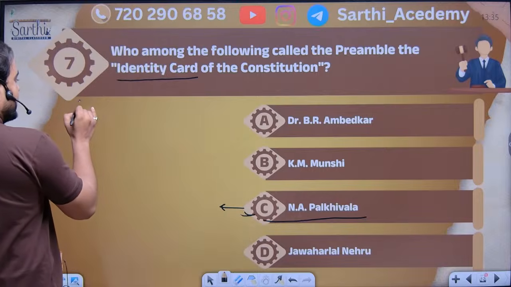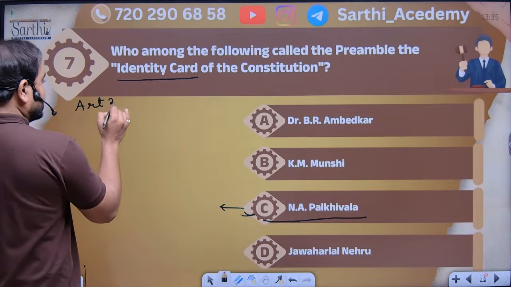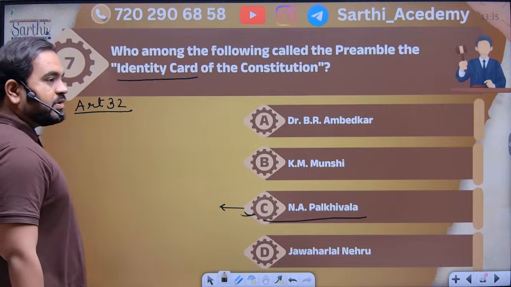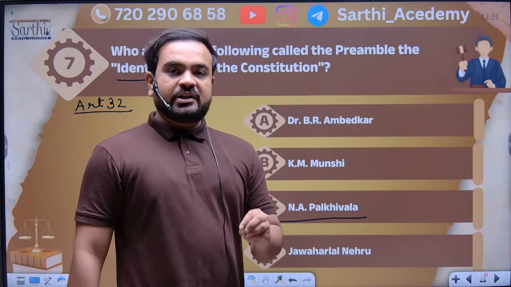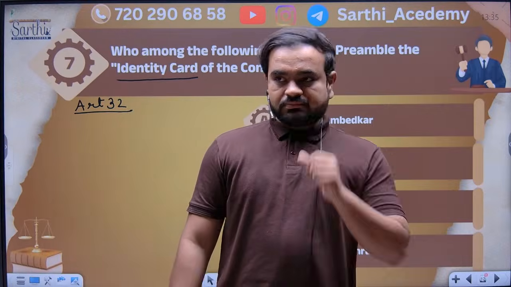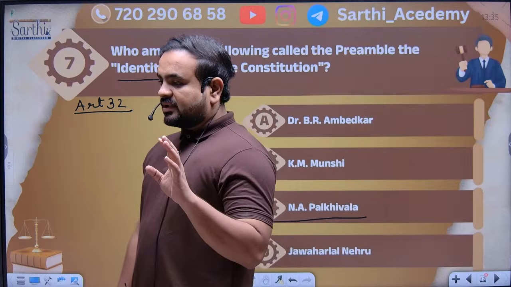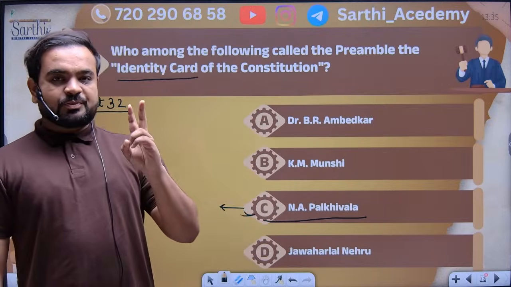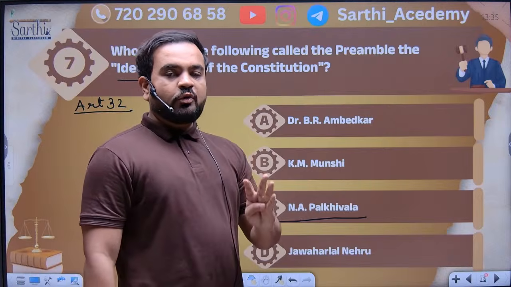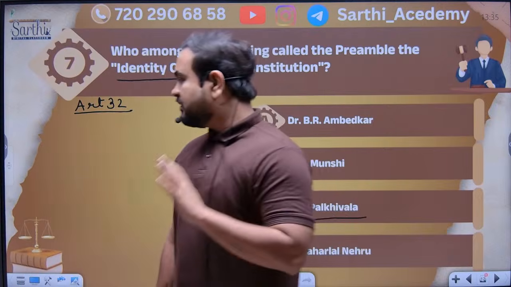There is one article, article number 32, which actually talks about 5 writs. The writs are habeas corpus, prohibition, certiorari, quo warranto and mandamus. Okay, so 5 writs are there.